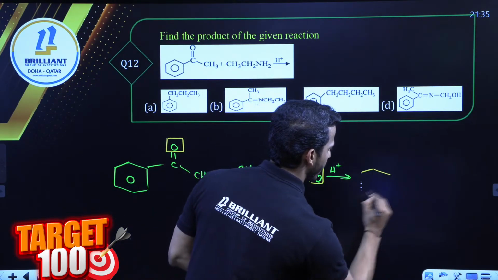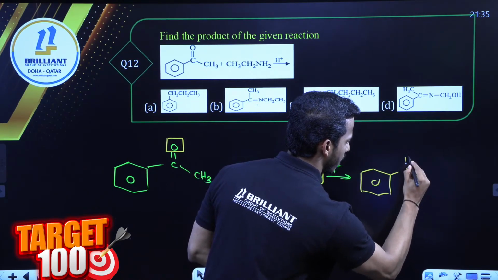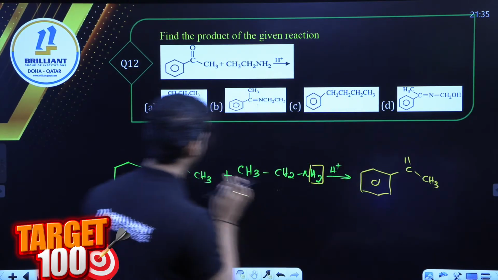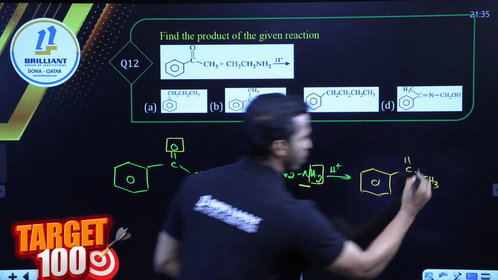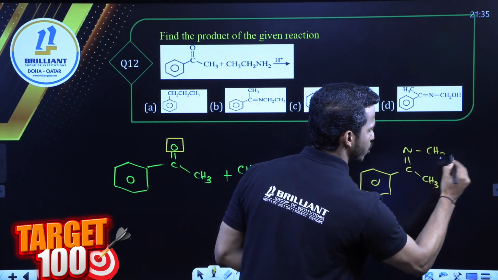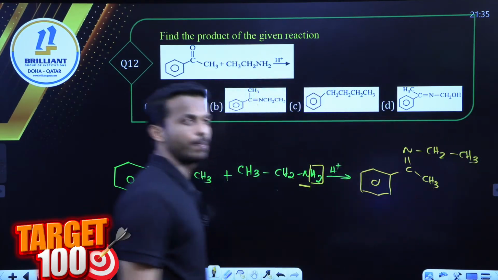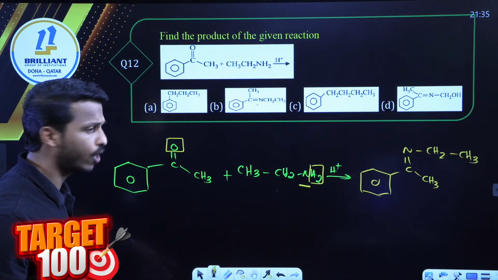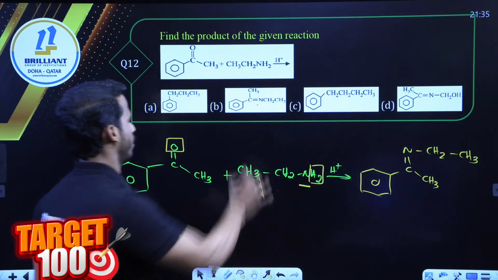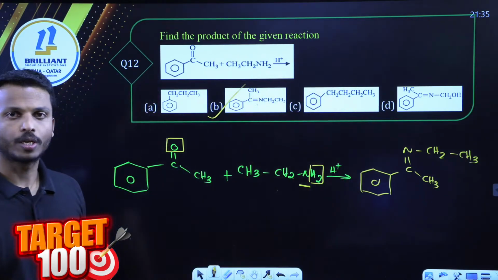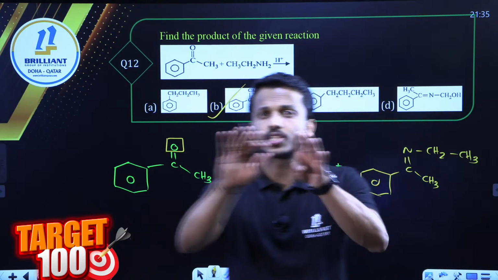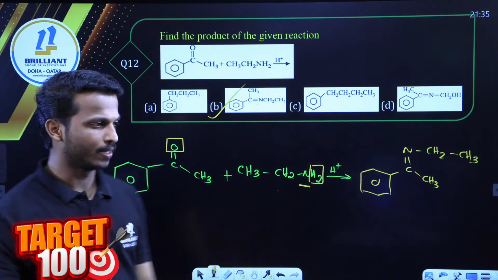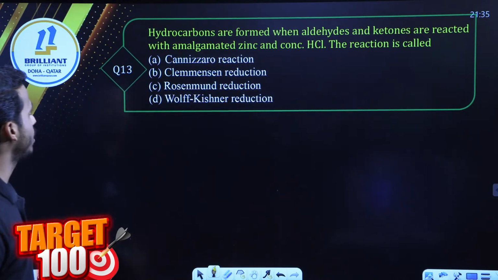So you will get benzene with C double bond N, CH3, where the oxygen you removed is replaced by N, CH2, CH3. It's a very simple reaction. So what is the answer, dear all? That is option B, correct. When an aldehyde or ketone reacts with an ammonia derivative, just remove water and join the parts. That's it. Next question, dear all, an easy one.